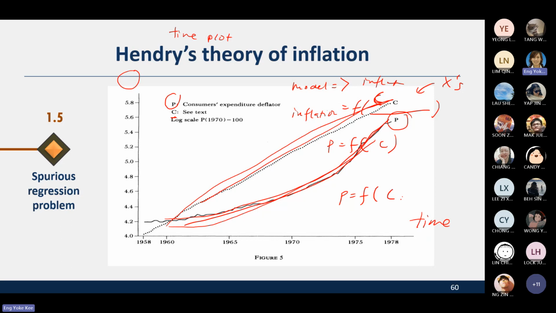So C square, because it's like this curvy form, right? So it goes down and goes up later on. So you have to bring in the non-linear. Inflation is non-linear, and then you have the linear variable. So this is to capture the non-linearities. So his model basically is like this.